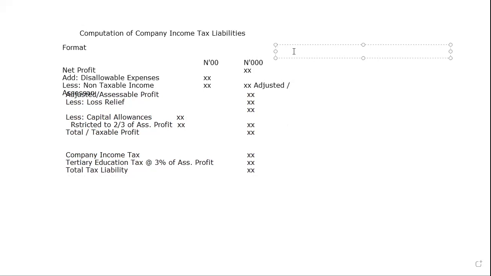Why is there a pile up after that non-taxable income? It's just writing. What I wanted to write is adjusted or assessable profit. I was having issues writing it, sorry about that. Effective when? 2024 year of assessment.